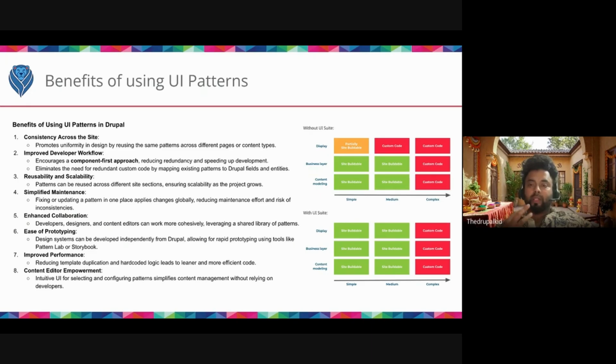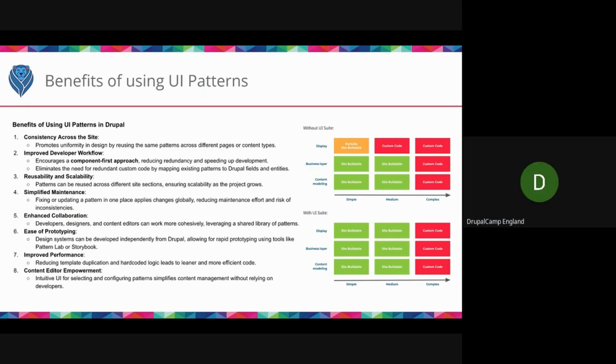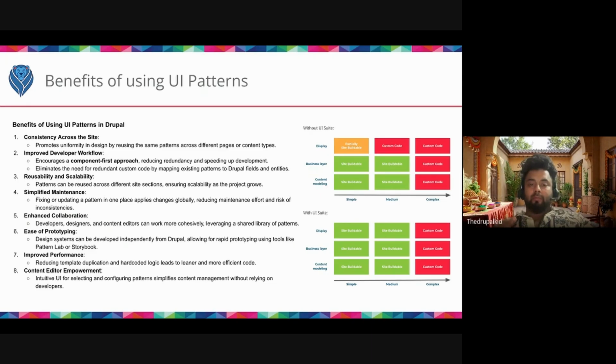If they want to use a table, let's say, and there are 10 pages using that table with different variations, all of that will be documented inside the UI Patterns library. From that documentation they can see what variants we have, and even site builders can see what developers have developed. So this is a cohesive experience for development, marketing, and everyone, where they see that documentation.